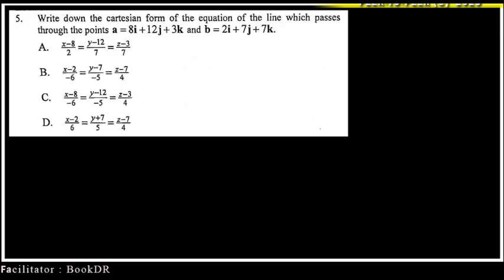You can recall that this is type 2, the vector equation of a line that passes through 2 points. This can be obtained by using the relation r is equal to a plus lambda (b minus a).